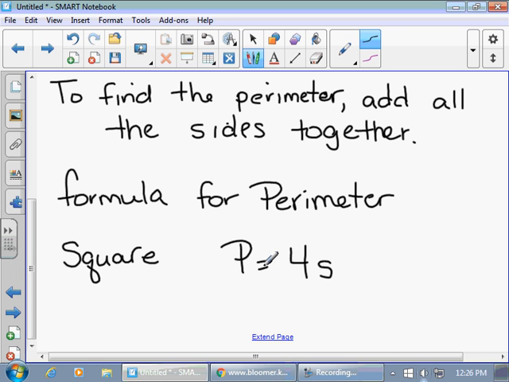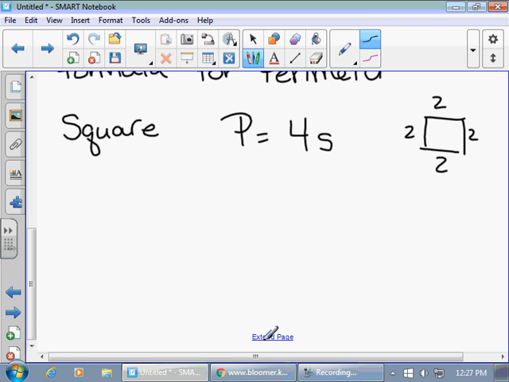So that's why I'm able to multiply 4 times S. That adds up, because if I have a square that was 2 by 2 by 2 by 2, I can add them all up, or if I'm adding 4 of those, I can also multiply, correct? So you could do either one, but that is a formula. Only with squares can you do that one.